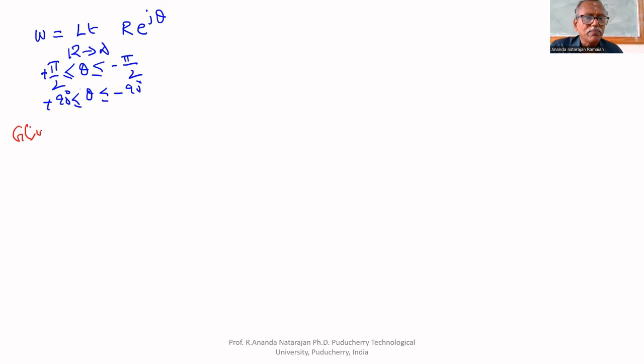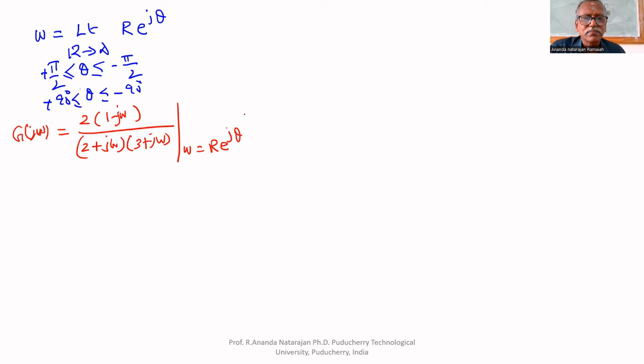G of j omega equals 2 multiplied by 1 minus omega, divided by 2 plus j omega multiplied by 3 plus j omega, where omega equals R e power j theta.